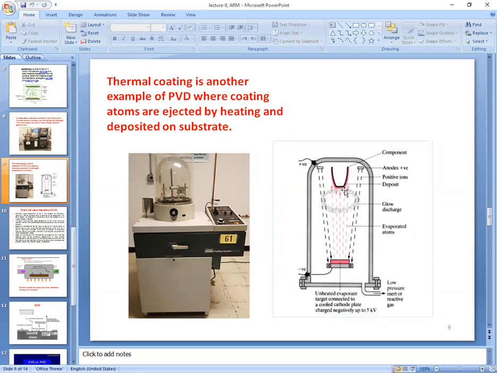When you heat a material, atoms or ions are ejected from these targets, and then they are allowed to deposit on the substrate. So here you can see negative and positive. All of it is done by the electric field. When potential difference is applied against the deposited material, they are accelerated toward the substrate.